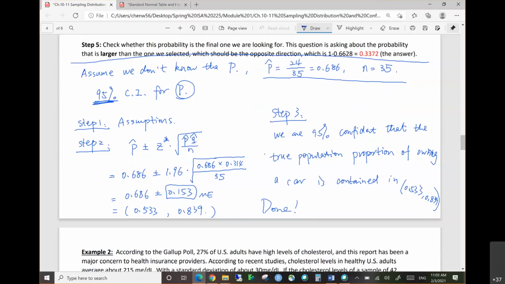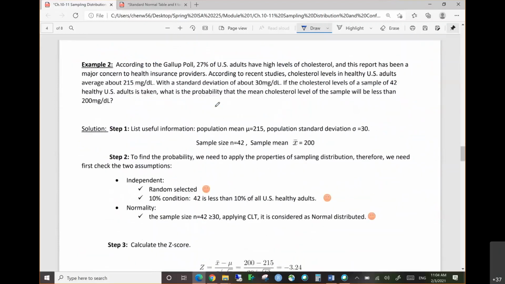So this is how, if we have the sample, we can get the confidence interval for the population proportion. Similarly, for the next example: according to the Gallup poll, 27% of United States adults have high levels of cholesterol. And this report has been a major concern to the health insurance providers.